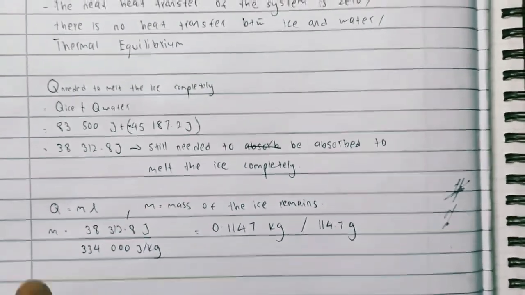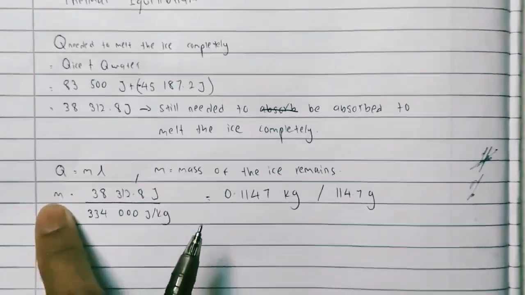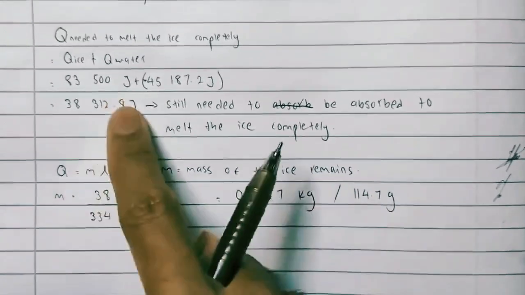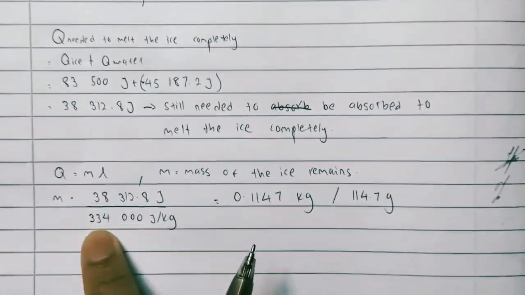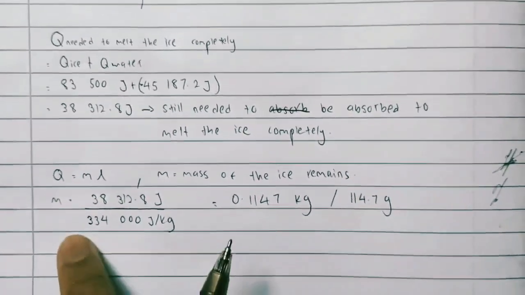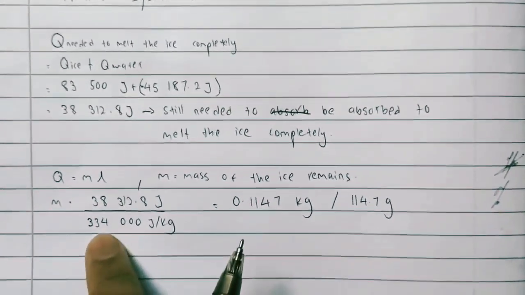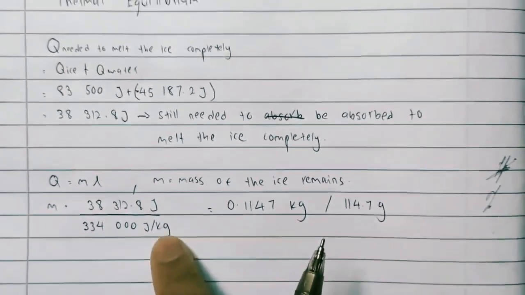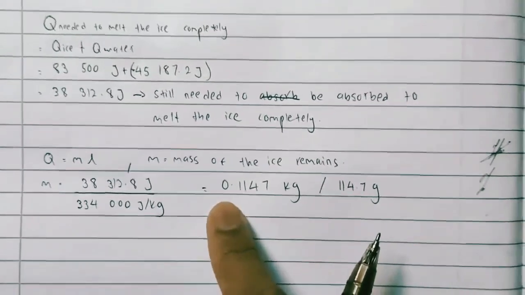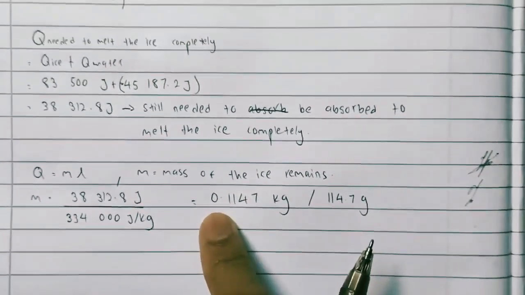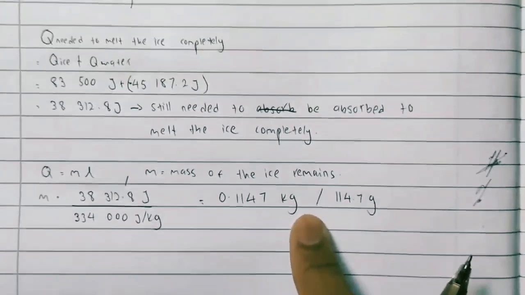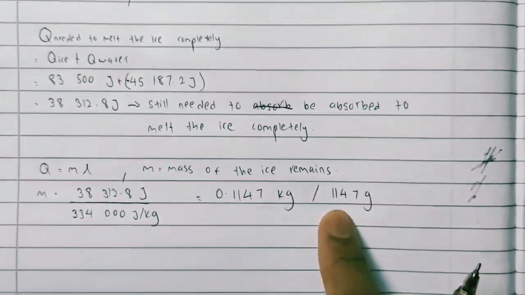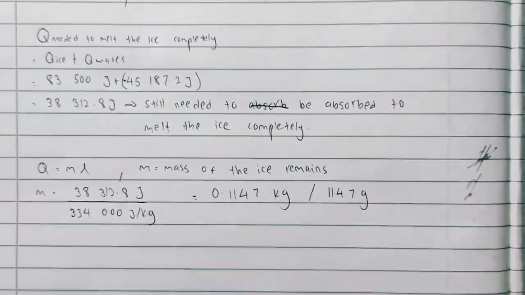So M equals Q over L, where Q is this value, and the latent heat of fusion of the ice is 334,000 J per kg, and finally we get 0.1147 kilogram, or in gram, 114.7 gram. That's all. Thank you.